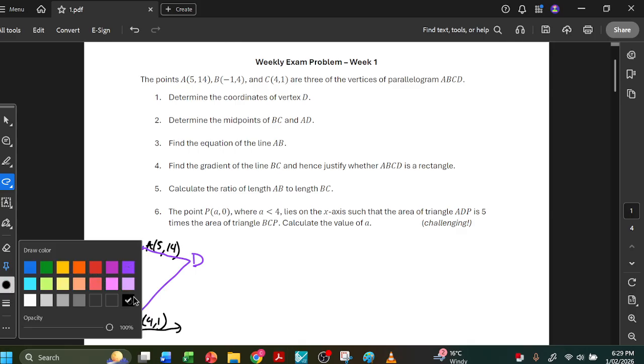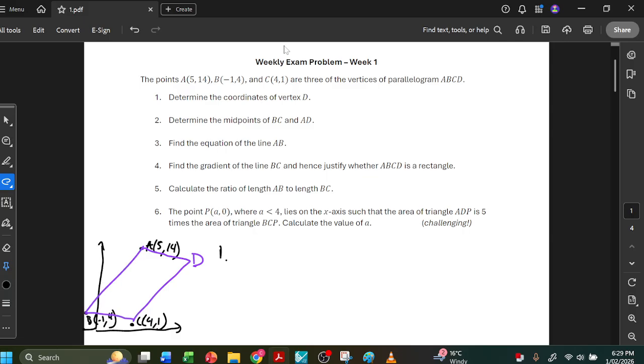So how can we answer this question? There's a few ways you can answer it, but the way that I'm going to show you here is we're going to come up with a particular realization, which is that given any parallelogram, the diagonals will intersect at the midpoint of each of those diagonals.